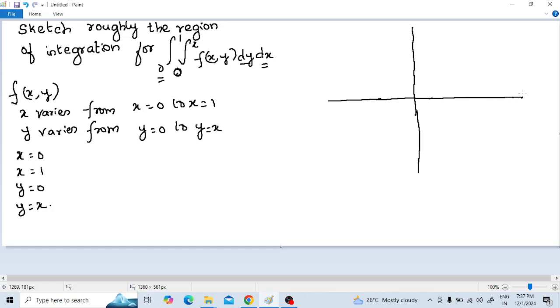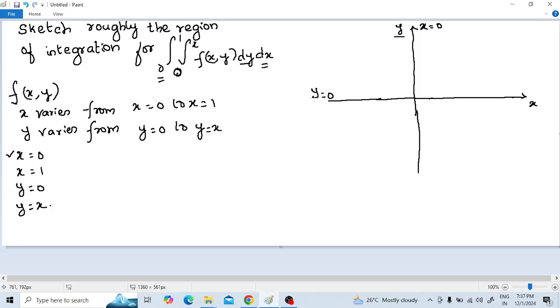In this graph, this is the x-axis and this is the y-axis. The x-axis corresponds to the y equal to 0 line, and the y-axis corresponds to the x equal to 0 line. Therefore, x equal to 0 is nothing but the y-axis.